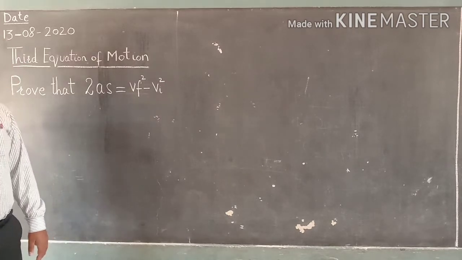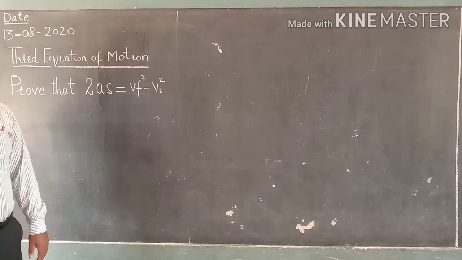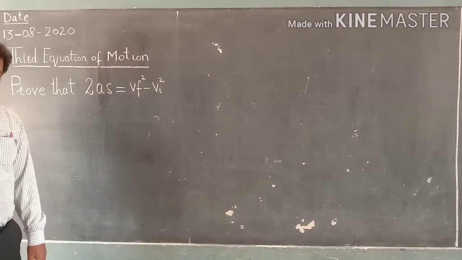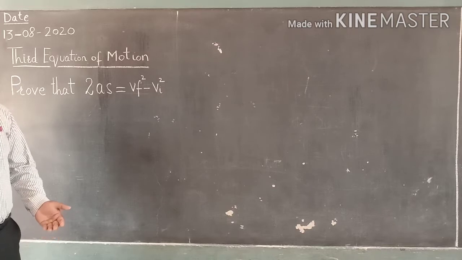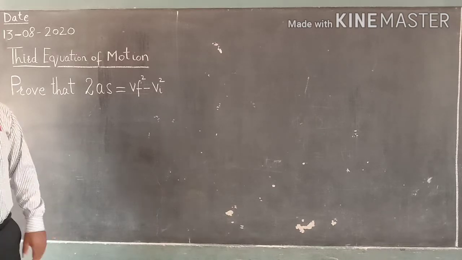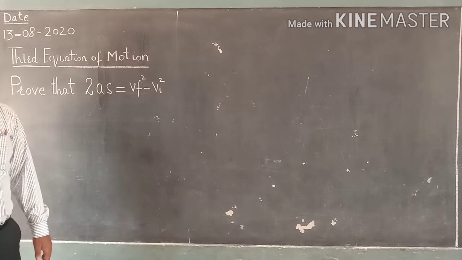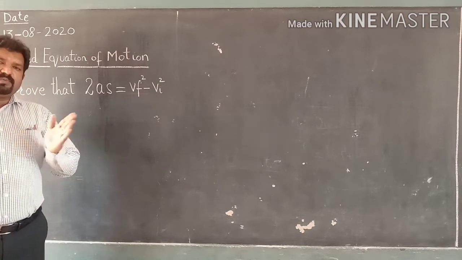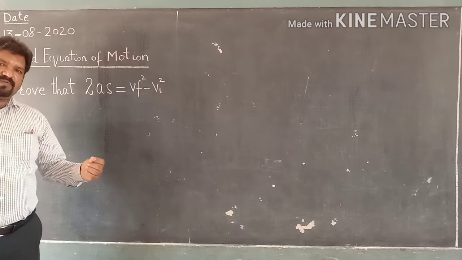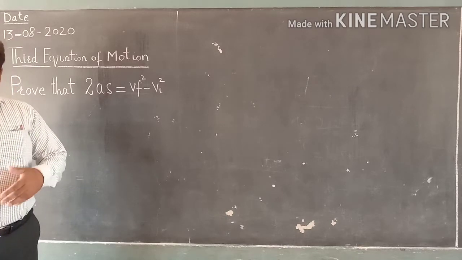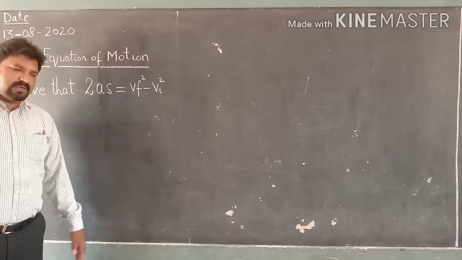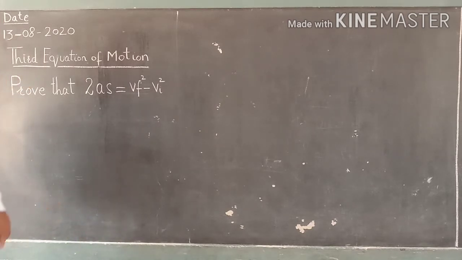So the third equation of motion can be obtained by using the first equation of motion and the second equation of motion and removing the t from equation number 1 and equation number 2. So how we remove the t from equation number 1 and equation number 2, and after that we will derive the third equation. So please follow along.